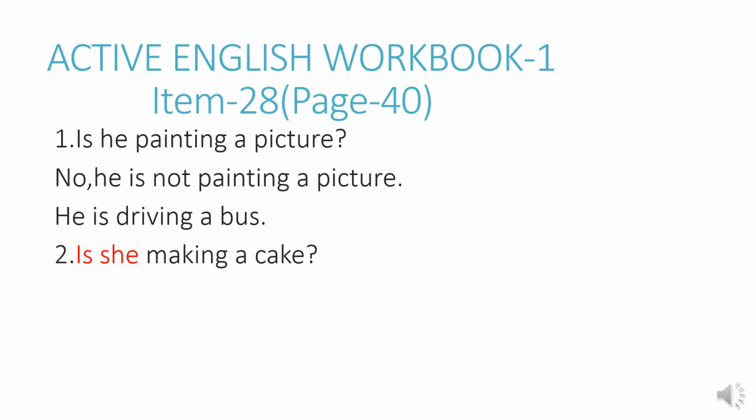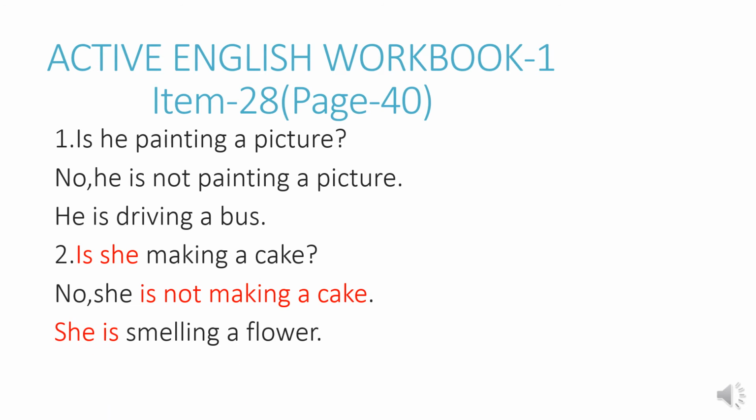She is not making a cake. So what is she doing? She is smelling a flower. After giving the negative statement, you have to put the correct one also. Like, yes, she is smelling a flower.